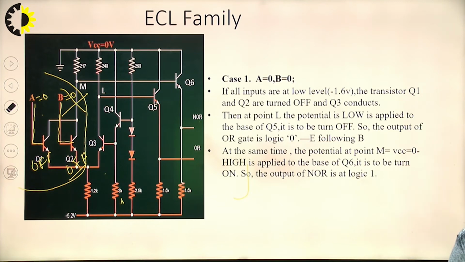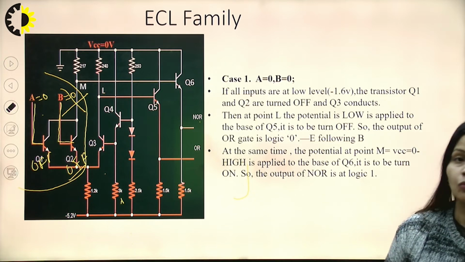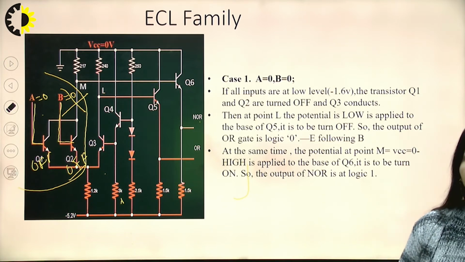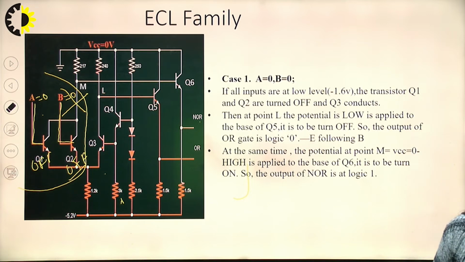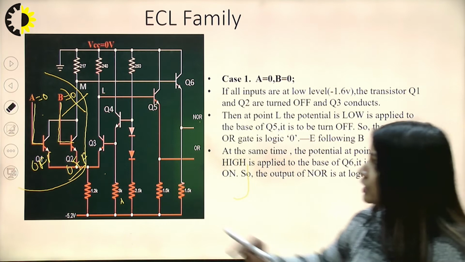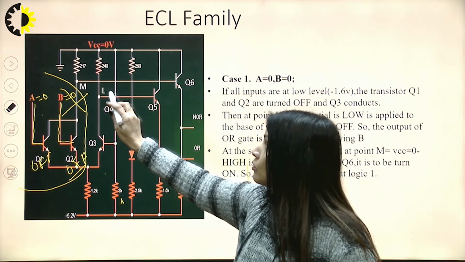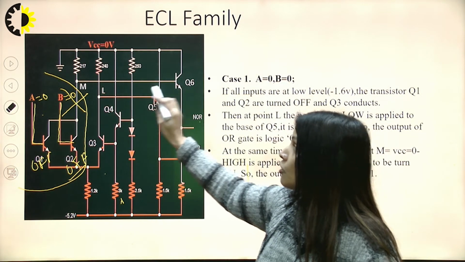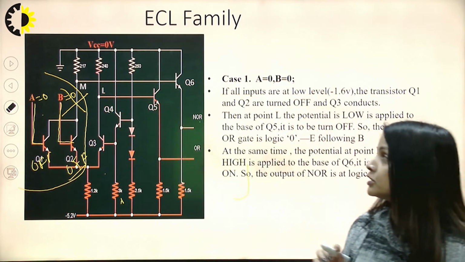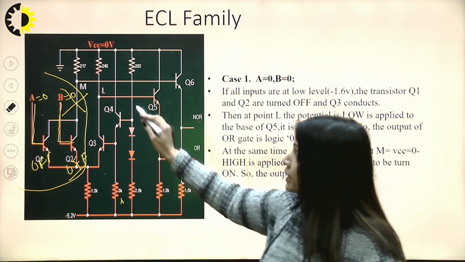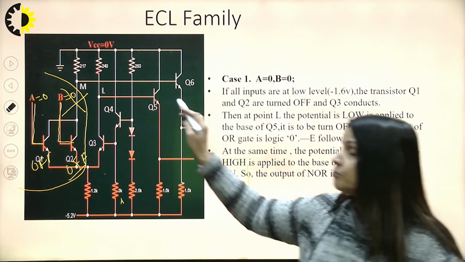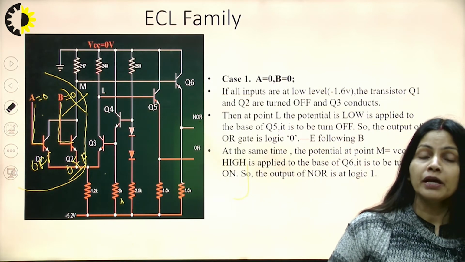That we have seen. But what about the point L? The potential here is low and it is going to apply to the Q5 point, right? The potential at the L point is low because Q6 was on, and since the potential at L point is low, that is making this Q5 be off.